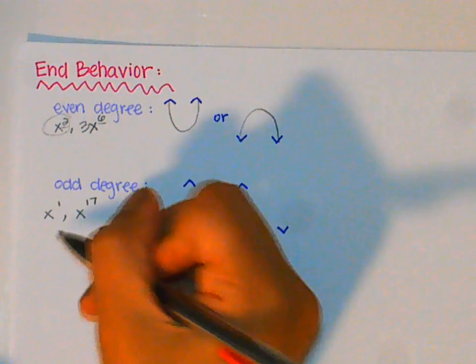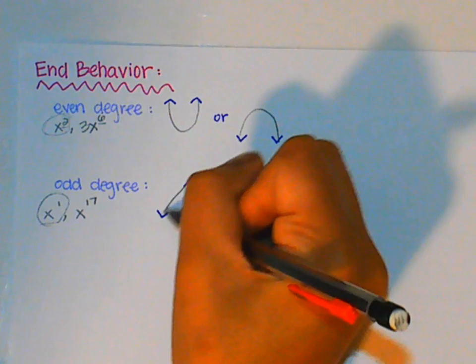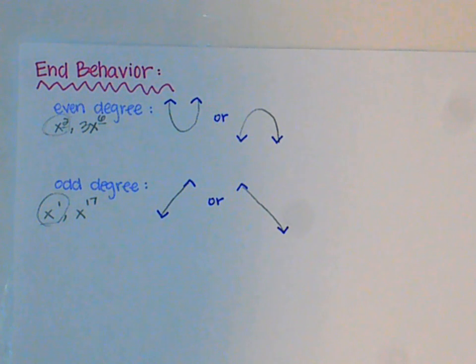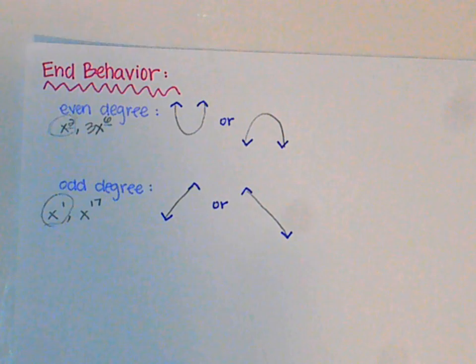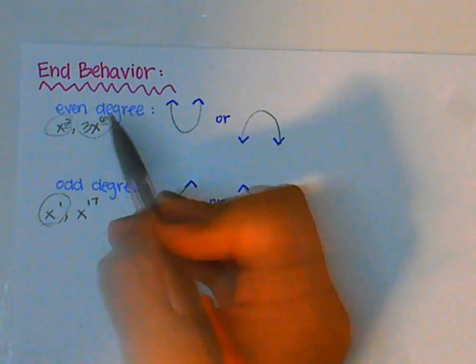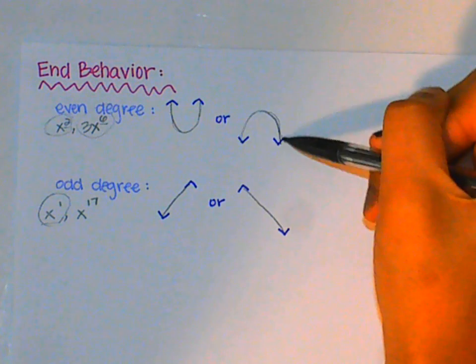If this was x to the power of 1, this could go like a line like this or a down line like that. An overgeneralization, and I mean this is very general, an exaggerated simplification. I'm not saying it's going to look exactly like this, but the general shape of my graph would be the same way.